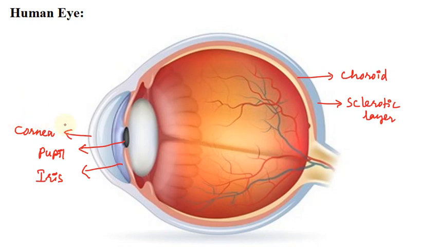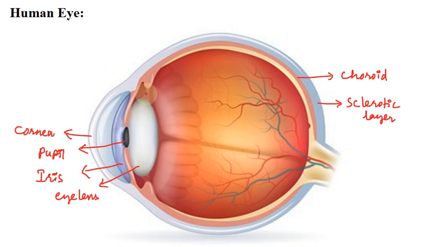Next is the eye lens. So this part is called the eye lens. It is a crystalline transparent structure. It is kept in its position by a strong elastic frame called suspensory ligaments.